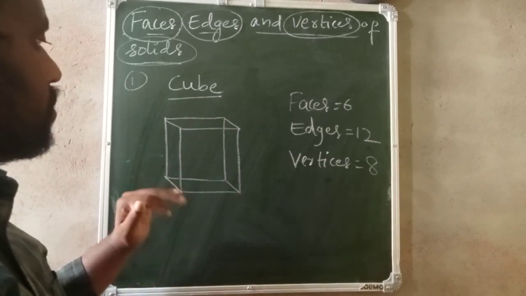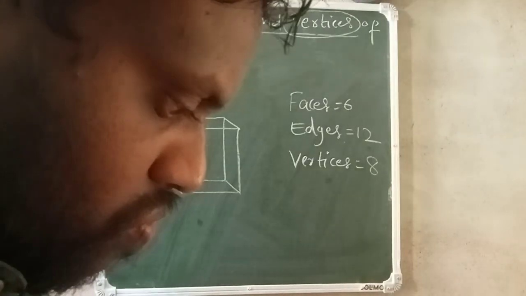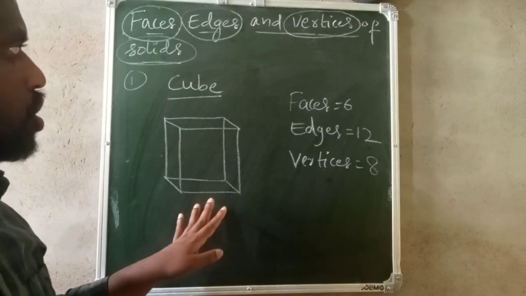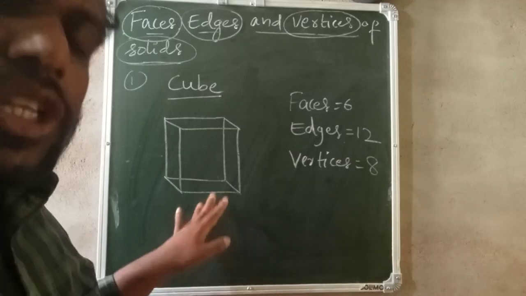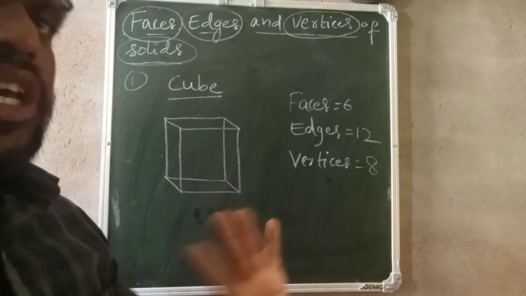Okay. Now in this cube, see, cube also looks like a cuboid only. Everything is same. Shape is same.